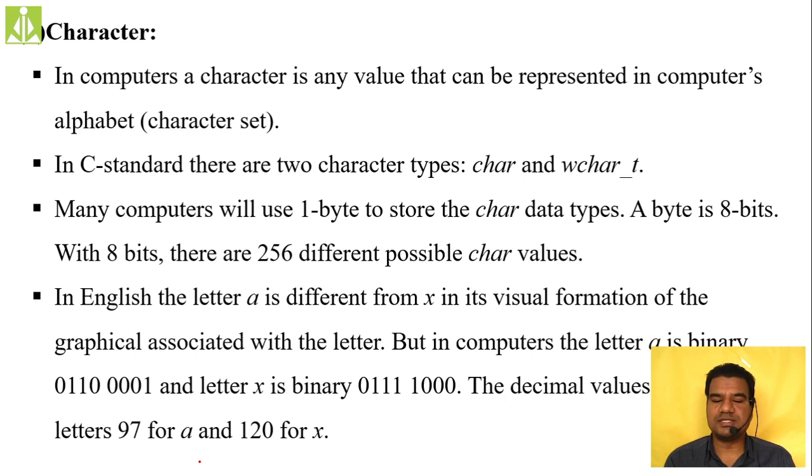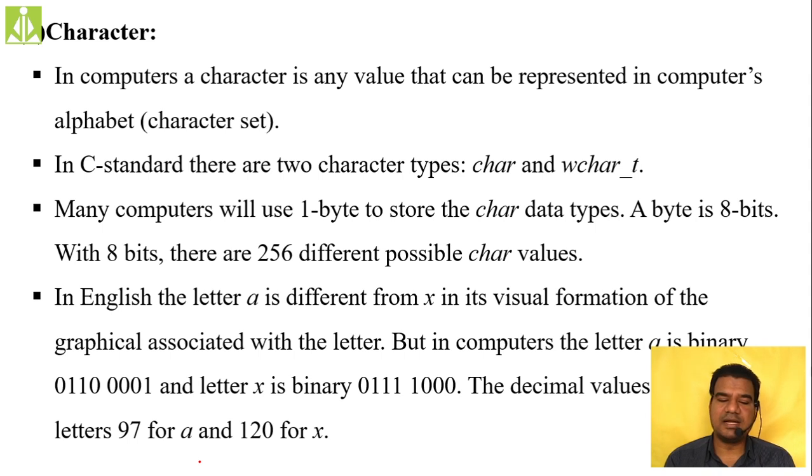Whatever characters we have on the keyboard, whatever combinations of keys we can use, and whatever graphical symbols we can generate in our computer, all those fall under the character type of values.